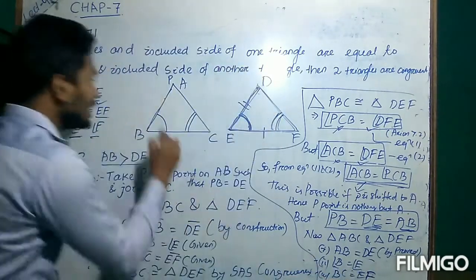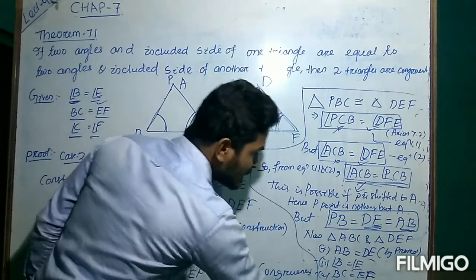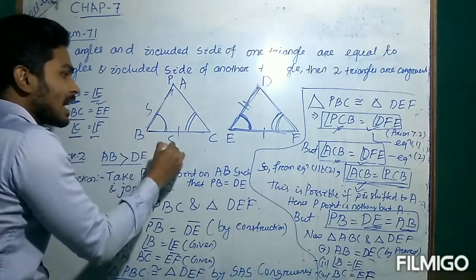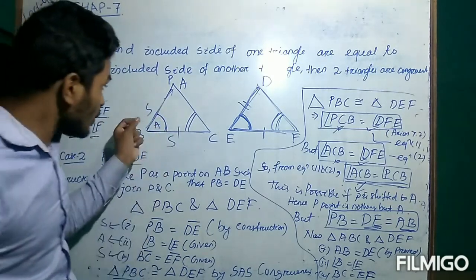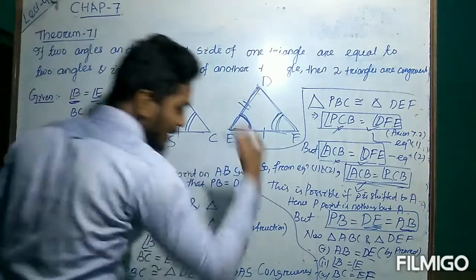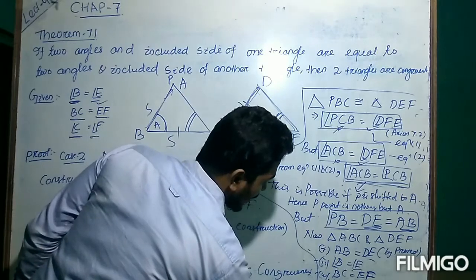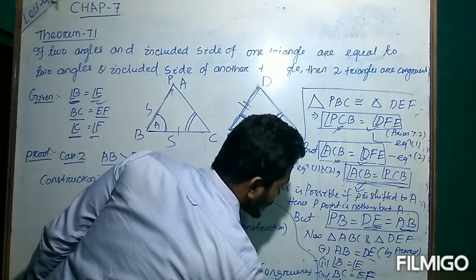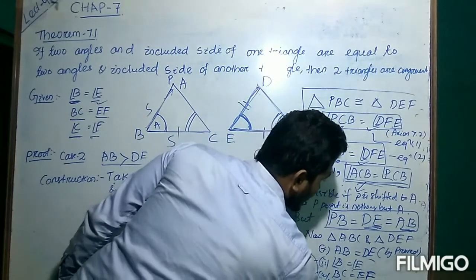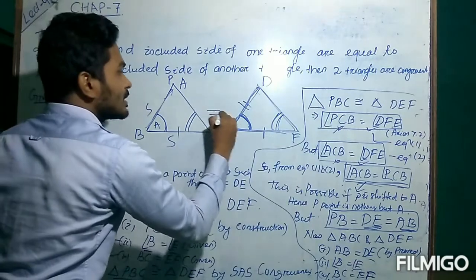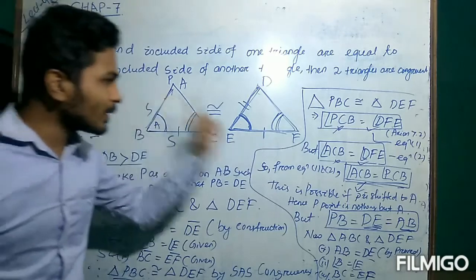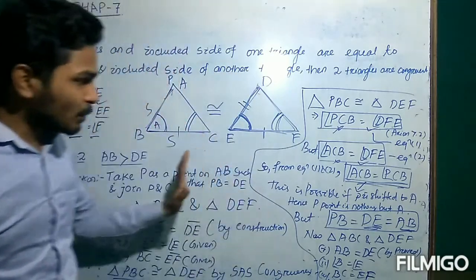Angle B is equal to angle E, and BC is equal to EF. So this is side, angle, included angle. By SAS congruency, triangle ABC is congruent to triangle DEF. This is the final result that we needed to prove. It is proved now.